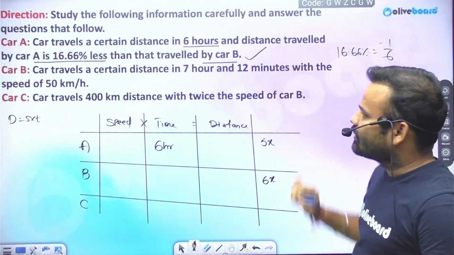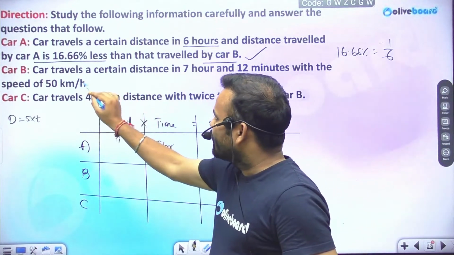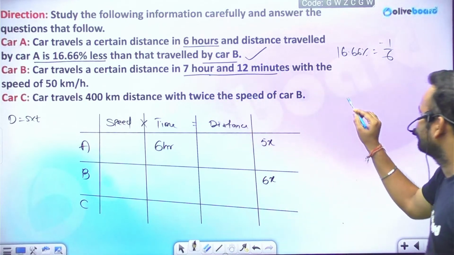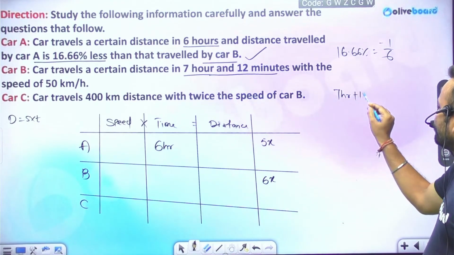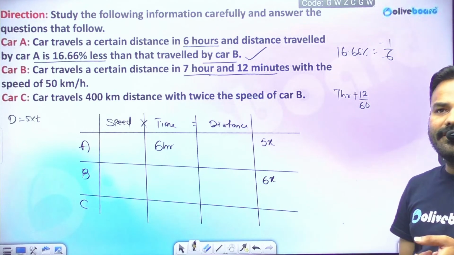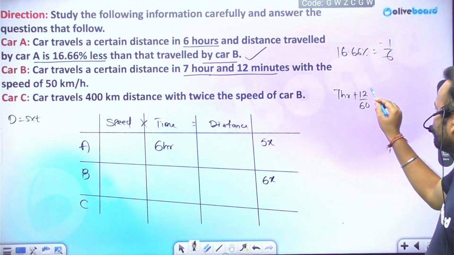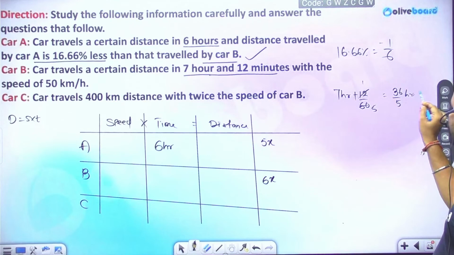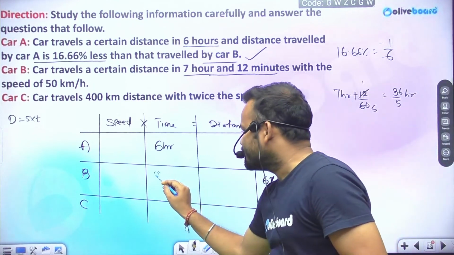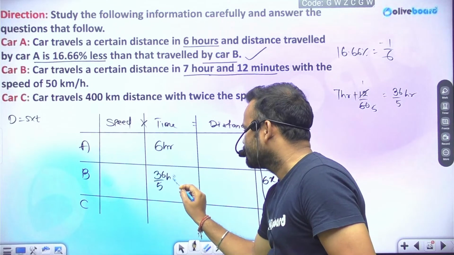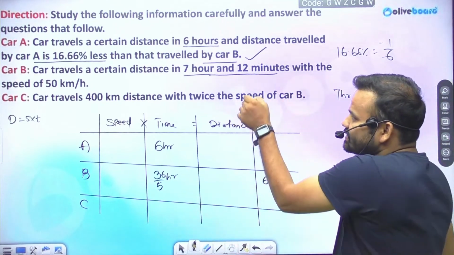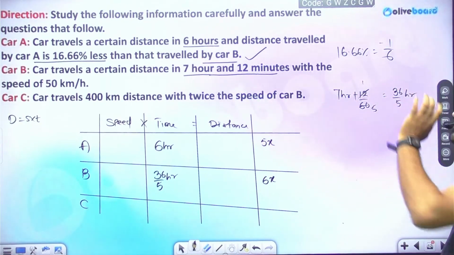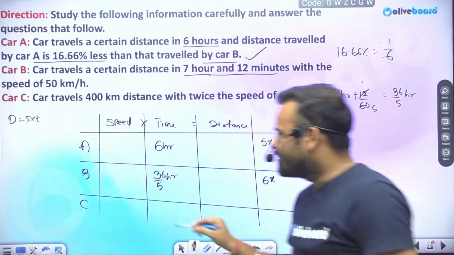That data is completed. Now car B travels a certain distance in 7 hours and 12 minutes. So let's find out what 7 hours and 12 minutes is. Minutes can be converted by dividing by 60: 12 by 60 is 1 by 5. So this is 36 by 5 hours. So car B is taking a total time of 36 by 5 hours, with the speed of 50 km per hour.